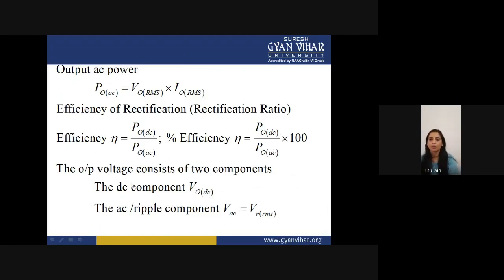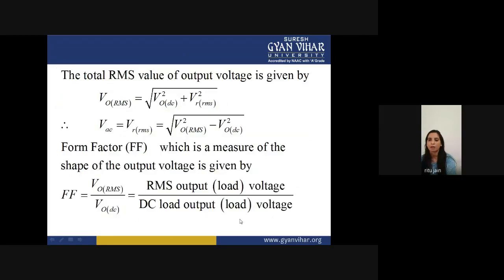So the output voltage consists of two components, the DC component and the AC or ripple component. The DC component is your output DC voltage, and the AC output voltage or ripple component is V RMS.